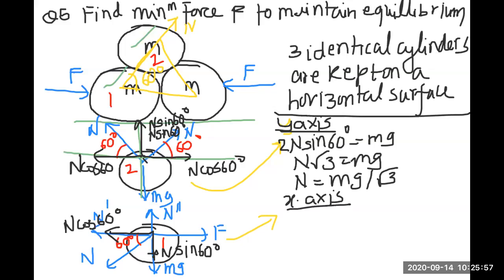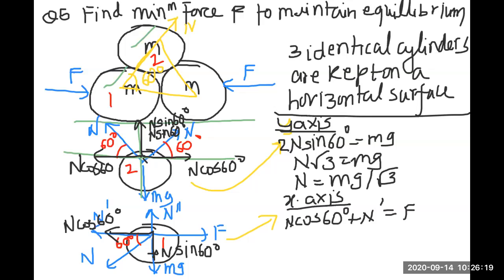Nobody has asked me what is the normal reaction due to the floor, so I'm not really interested in that. यहाँ पे आएगा n cos 60 plus n dash is equal to f.